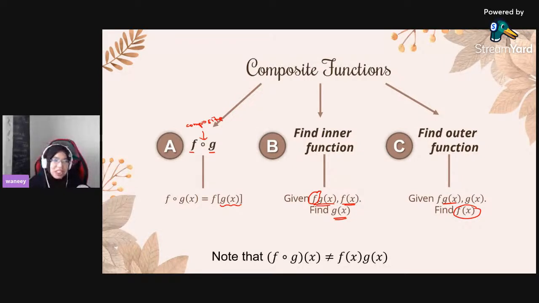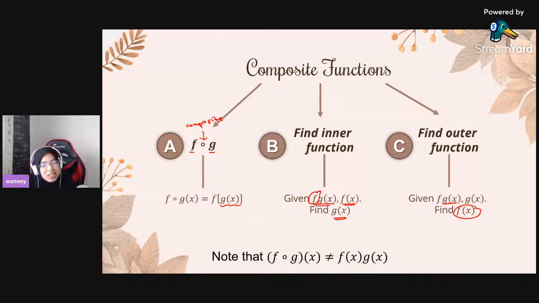So those are three different cases for composite function. We're going to have either one of these three cases. Bila-bila lah untuk UPS ke, untuk PSPM ke, lebih kurang macam ni lah. So composite function can be separated into three cases only. Ada tiga je. Tak ada banyak pun. You just need to make sure you know how to find out each of them.